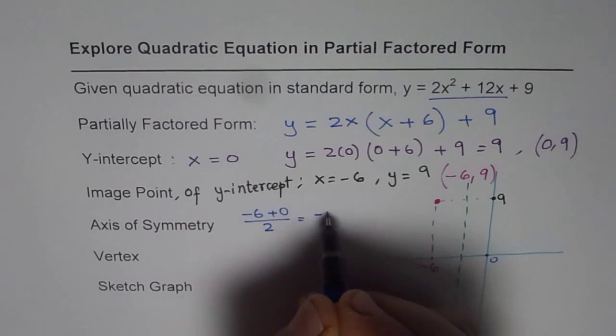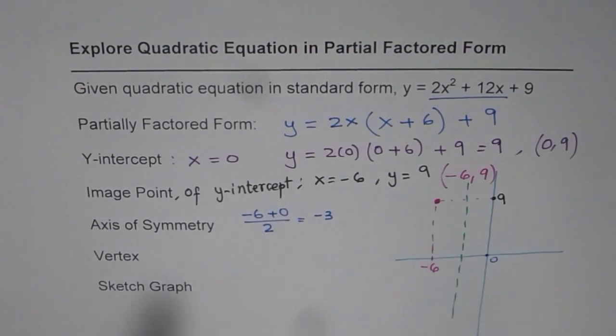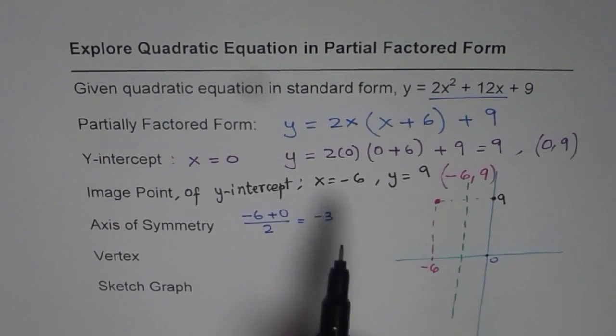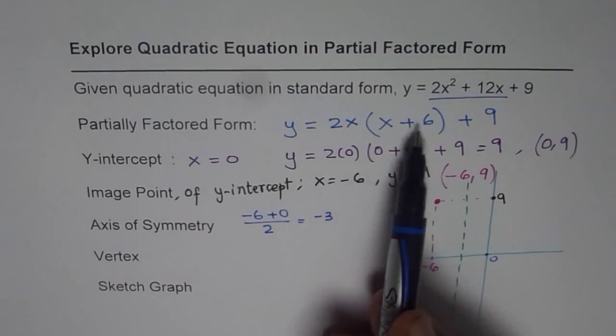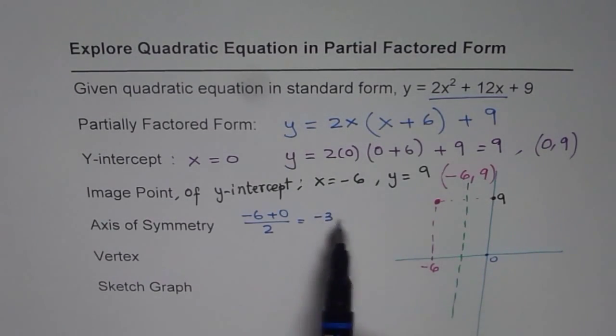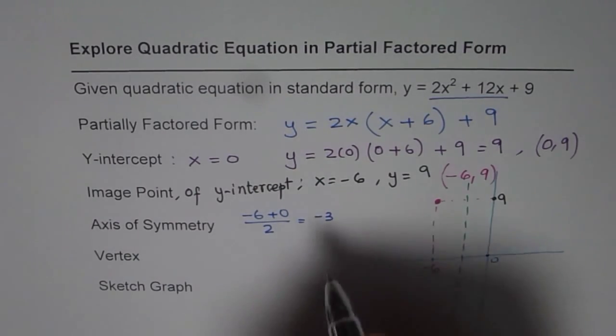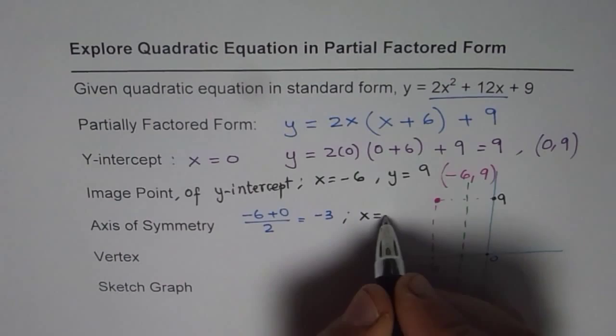That gives you minus 3. So always you will see in the partially factored form it is half of this value, with a negative sign. So you get minus 3 as the axis of symmetry, so we have axis of symmetry as x equals minus 3.